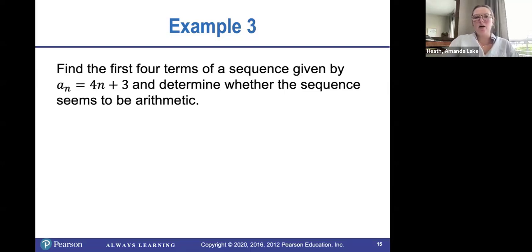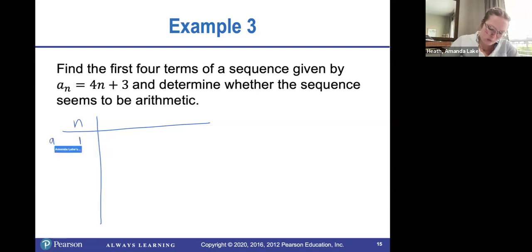All right, so if we have a sequence that's determined by a_n, the term number n, is 4 times n plus 3, we want to know if it's going to be arithmetic or not. So one way we might do this is with a table. So n is the number of the term in the sequence, right?